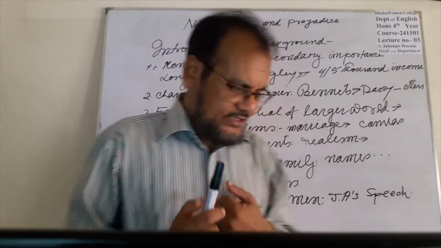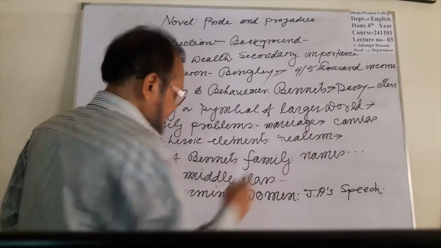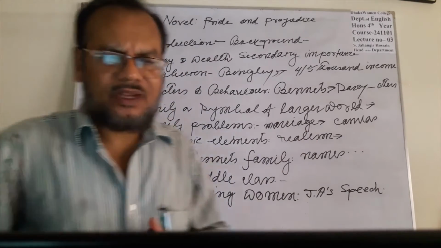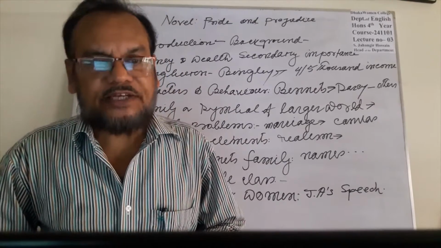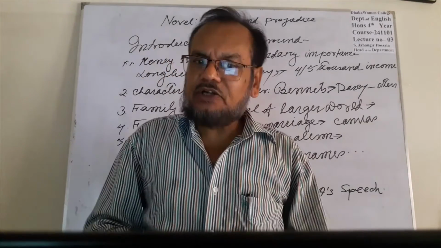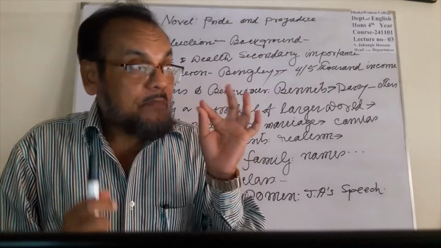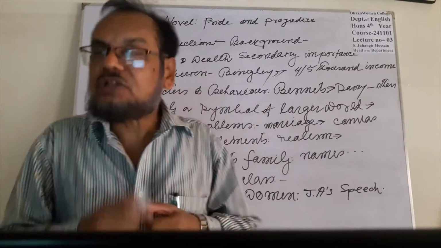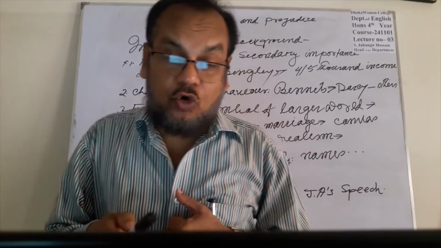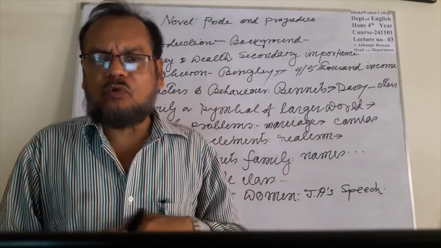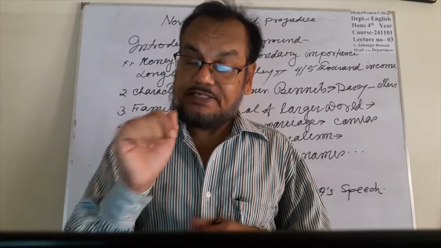Okay, dears. Next, mock heroic elements. Mock heroic elements, very important to you. A lot of elements are there in Jane Austen's novel Pride and Prejudice. So an element of mock heroic is also set up. And marriage is a minor affair in life. Jane Austen here shows this, but in spite of that, she gives an impression of realism.